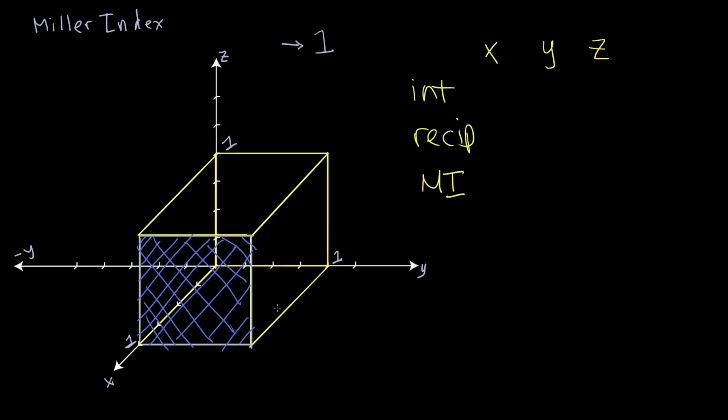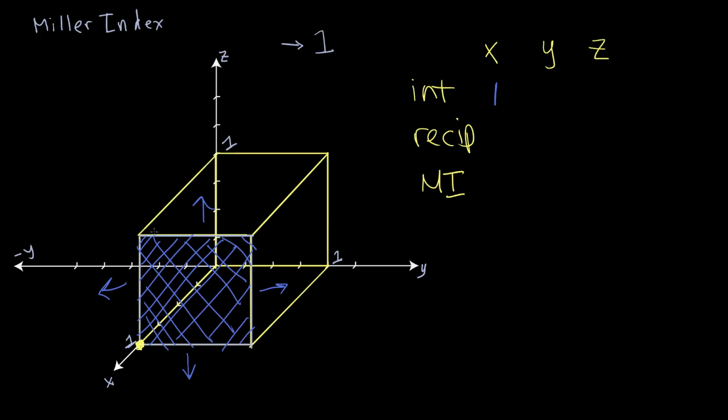So we have this plane here, and we can clearly see that it intersects at x equals 1. But it is parallel to the y and z axes. You can imagine this plane extending off in the minus and plus y, z directions.